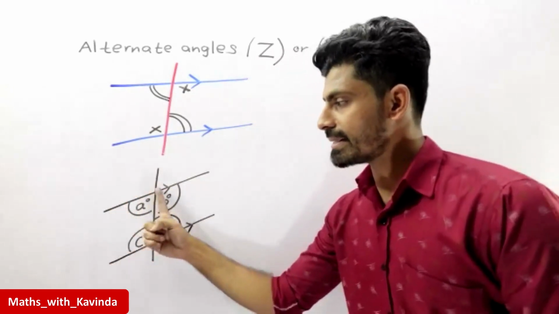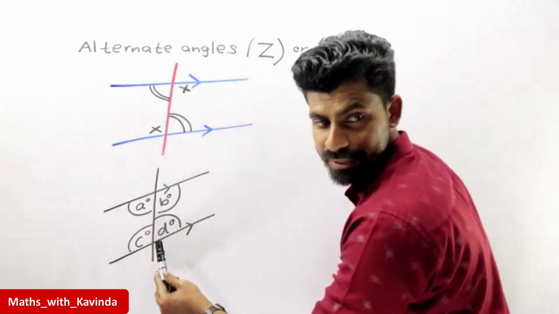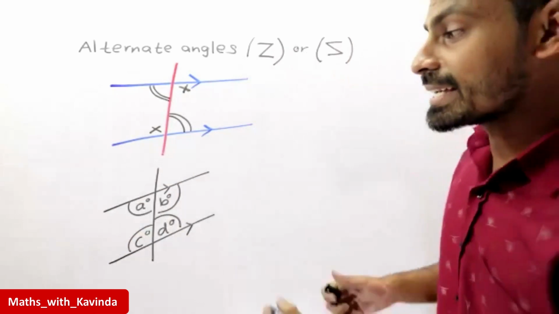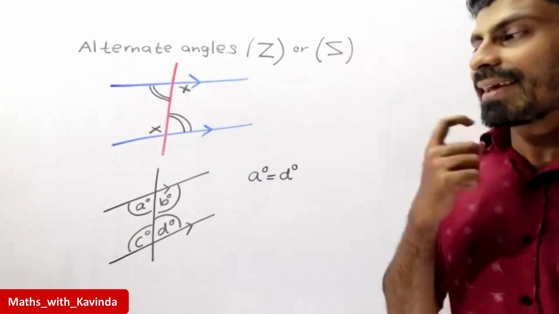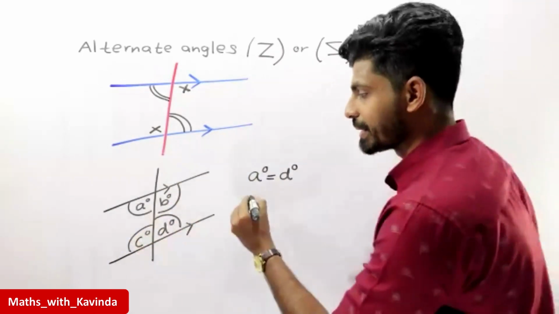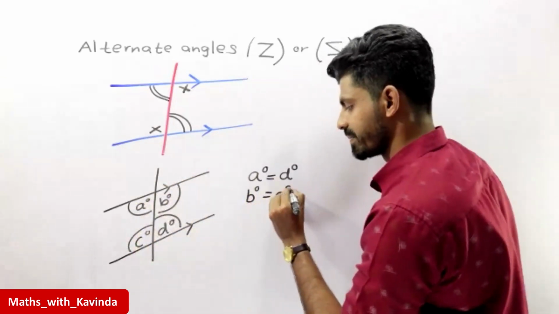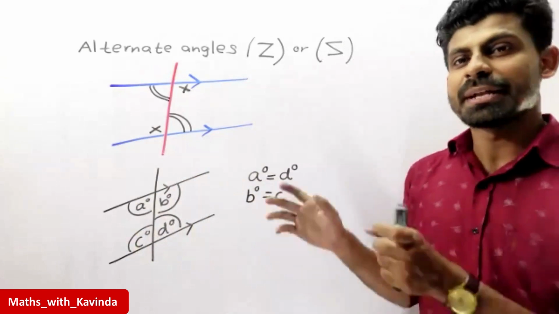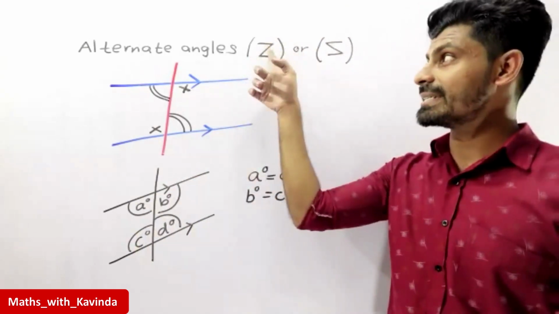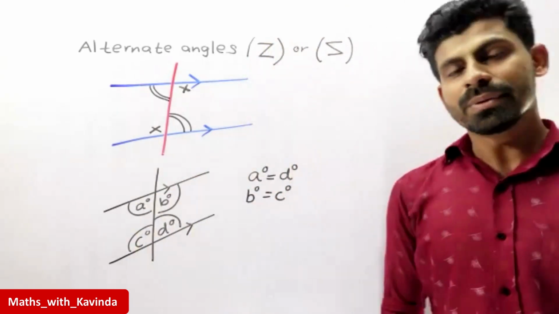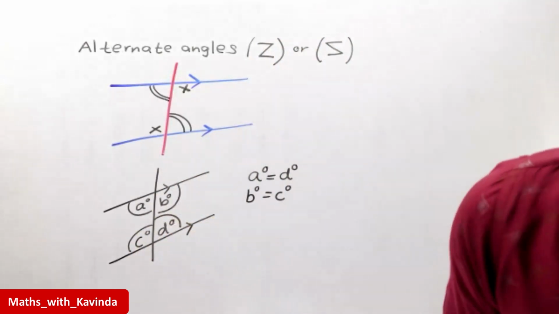Z angles are equal, so A equals D, and B equals C. So alternate angles are equal. What is the symbol? Z.